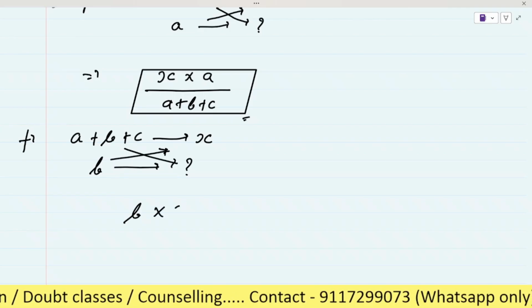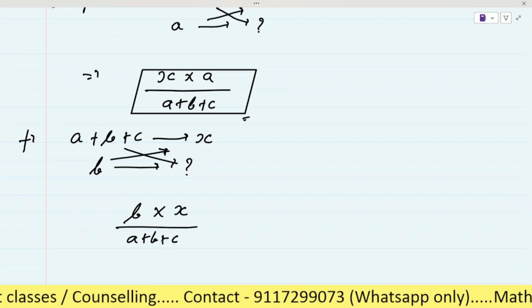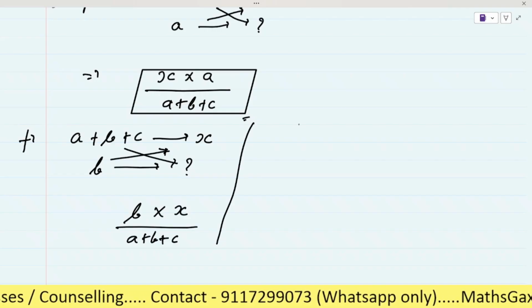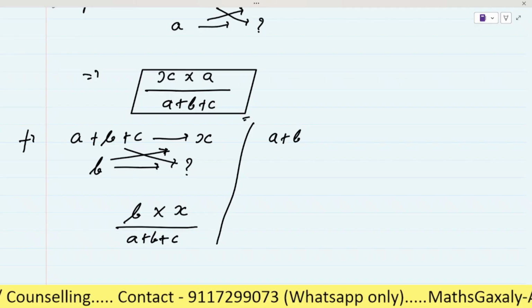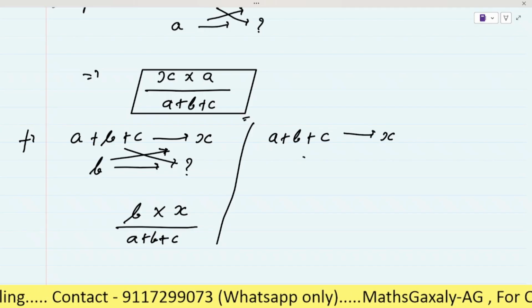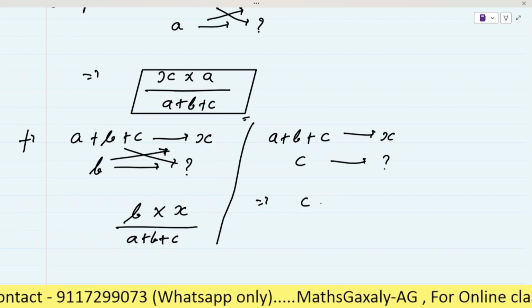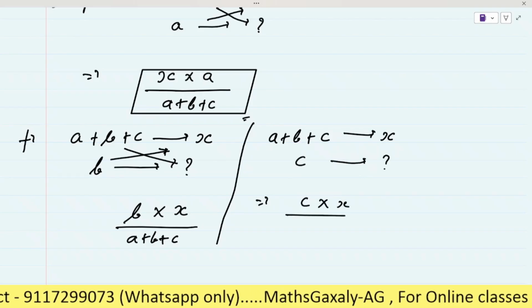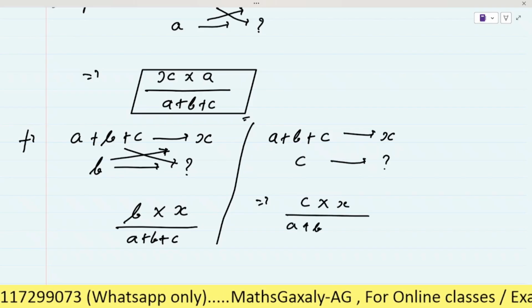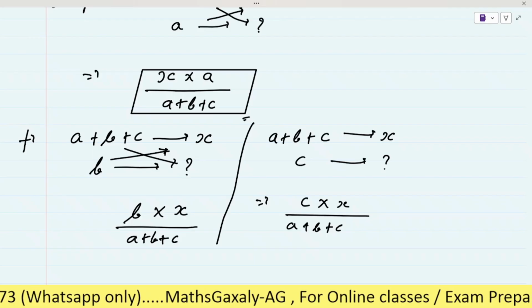It will be B into x by A plus B plus C, that's all. Similarly we can do for C, the third part. A plus B plus C gives x, so what will be the value of C? Similarly it will be C into x by A plus B plus C. Is it clear or any doubt?